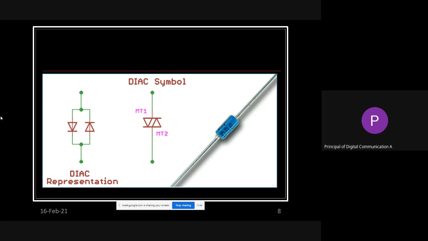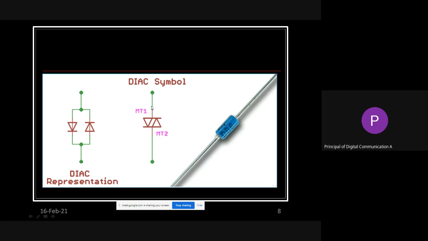So the anode of one and the cathode of the other are interconnected, and that is the first terminal and the second terminal. So diac has only two terminals, and the picture of how the diac physically looks in the market is also provided in this slide. And this is the symbol for this particular diac.